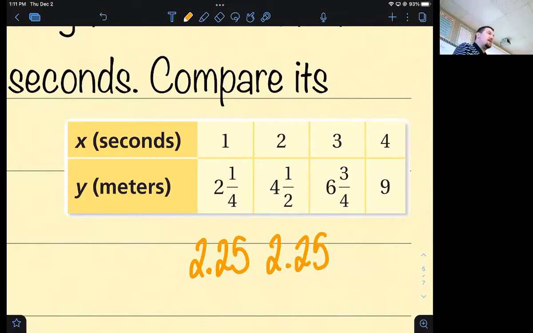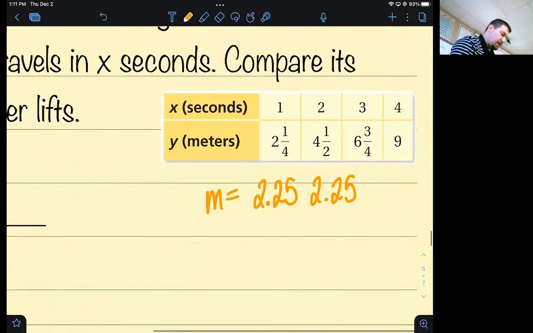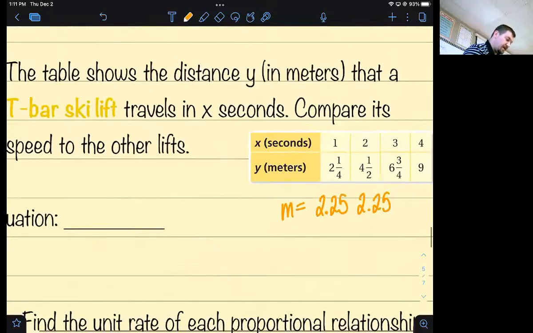So not only do I know that this is going to go through the origin without it actually giving me the origin as one of the points, but I also know now what that constant pattern or that constant rate of proportionality is. My slope is going to be that number I keep getting. So its equation, since I know it goes to the origin, is going to be y equals 2.25x, and that's it.